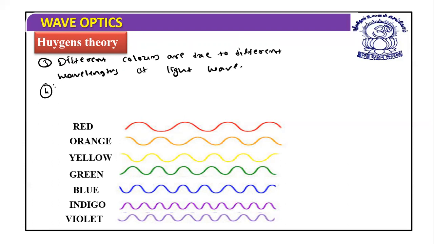This theory could explain the partial reflection and partial refraction, interference, and diffraction phenomena.